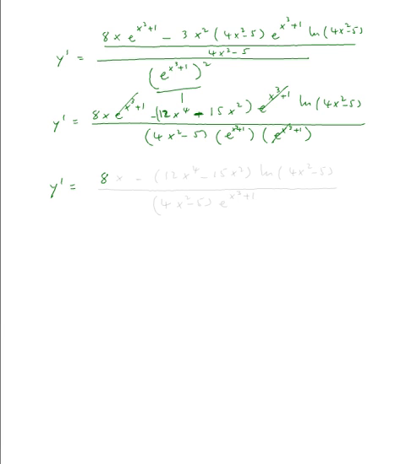So this is going to become 8x minus 12x to the fourth minus 15x squared ln of 4x squared minus 5, everything over 4x squared minus 5 times e to x cubed plus 1, and we're done with this problem.